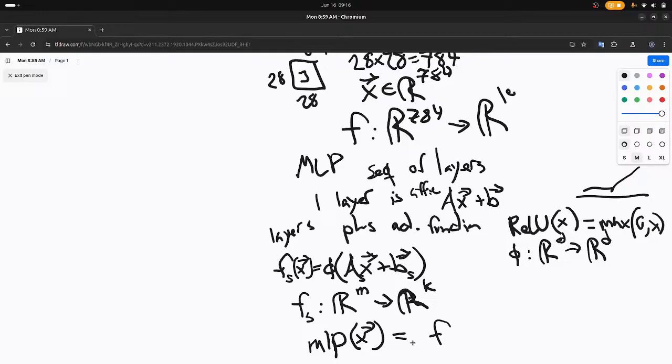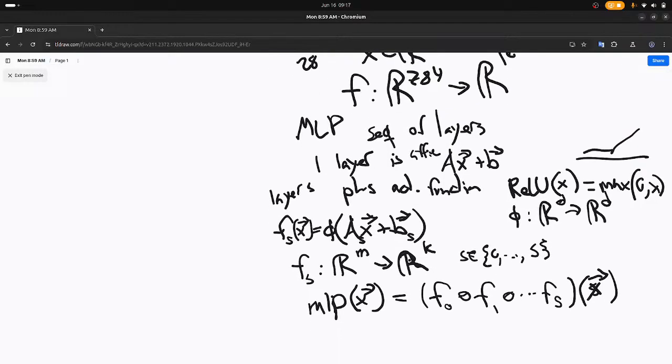I think I'm just going to define our own operator, usually we don't do it like that. It's f1 all the way up to f of big S of x.